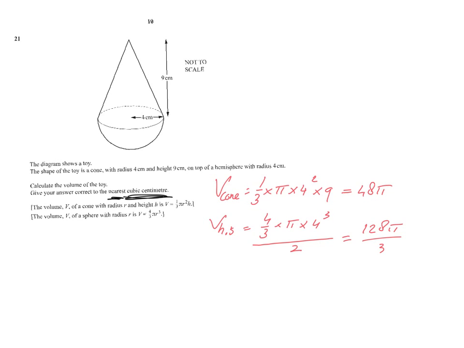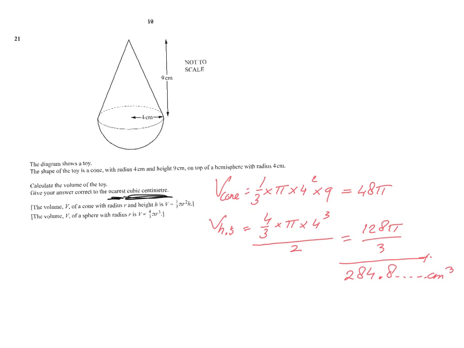So what is the total volume? Then I have to add those together, which is going to be 128 plus 48. So I want to do that correctly. You know what? I'm not going to do it in terms of pi anymore. It's going to give me 284.8 and some more decimals, and that is centimeters cubed.